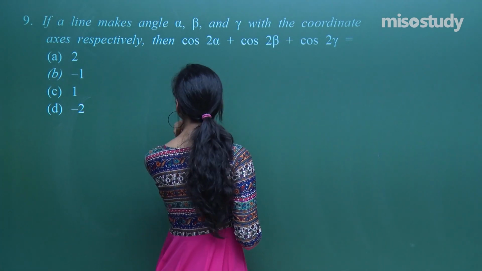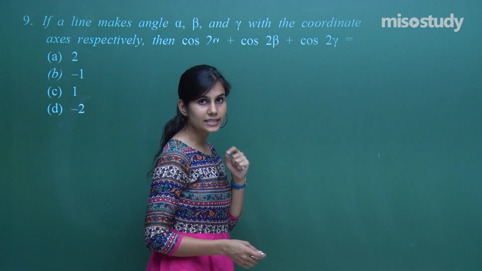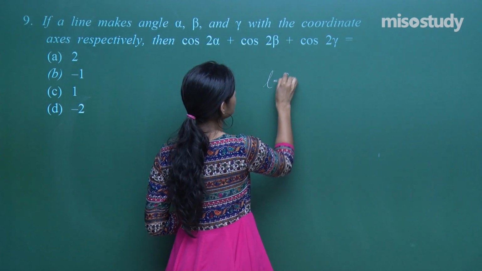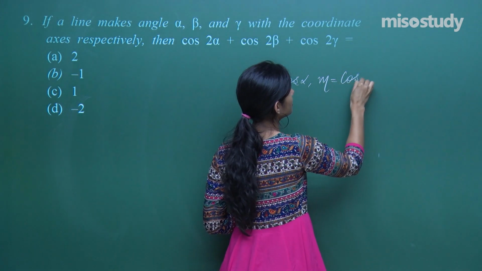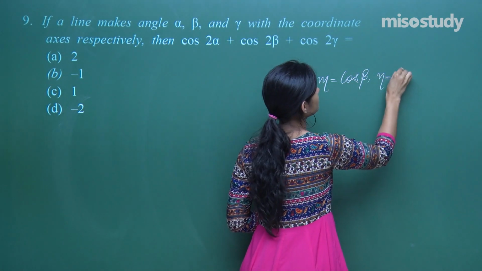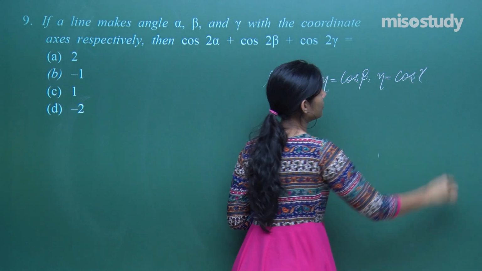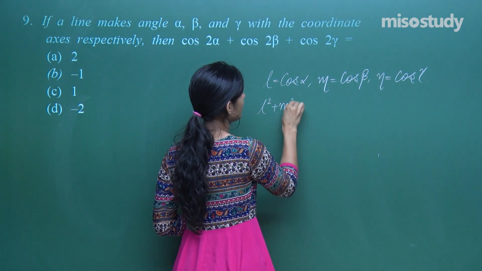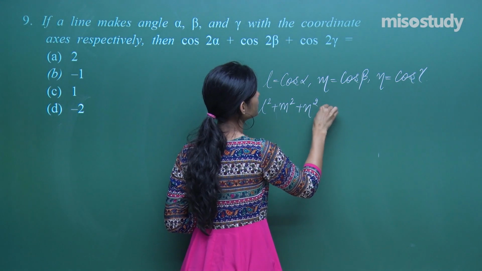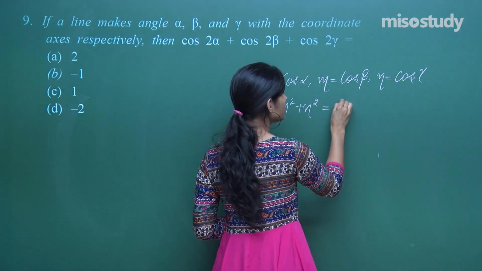If the line is making alpha angle with the x-axis, that means l is cos alpha, m is cos beta, and n is cos gamma. Now l square plus m square plus n square, the sum of squares of the direction cosines, is always equal to 1.